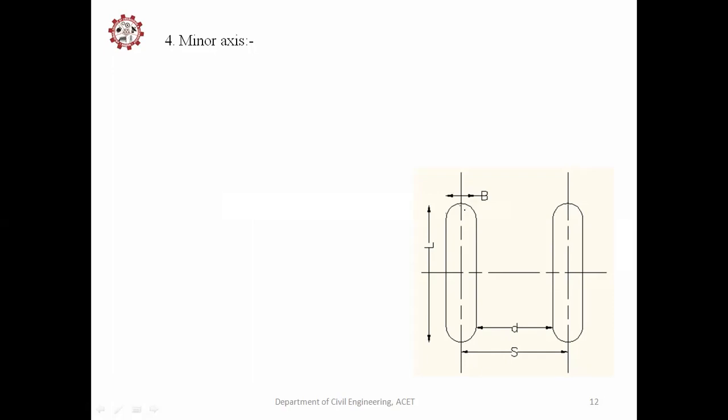From here to here it is L, and from here to here it is B. So this is your major axis L, and B is your minor axis. L we have calculated. Let us calculate B, which is given by 0.6 L. So it is 0.6 into L, 38.85, which will be 23.31 centimeter.